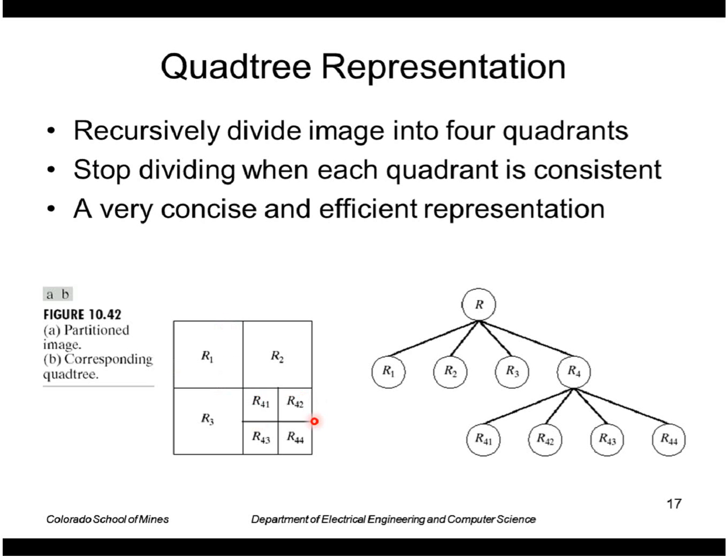If it's not satisfied, we recursively split that quadrant again into 4 more quadrants and keep going. So potentially a tree like this has a relatively small number of nodes, so it's very concise, and it's also very efficient for searching.